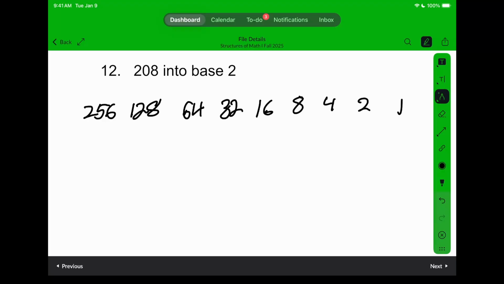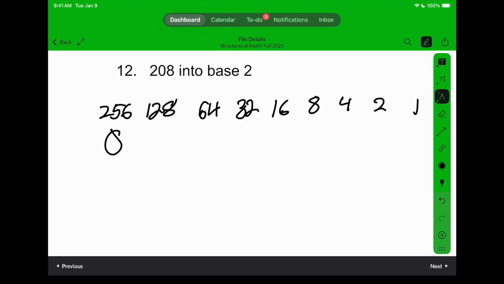Yeah, 256 is too large. 128 can go into our 208. So we'll set it up on the side: 208 minus 128.